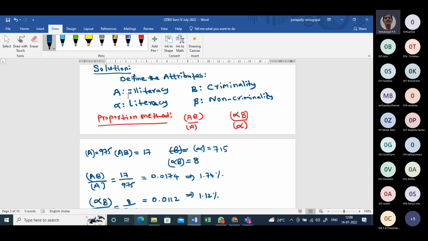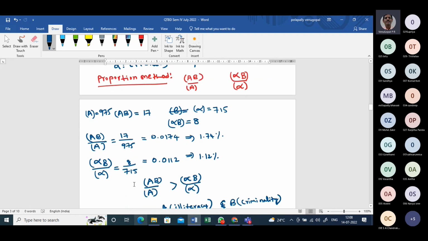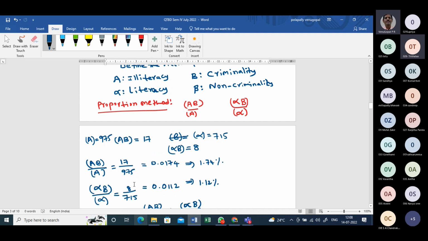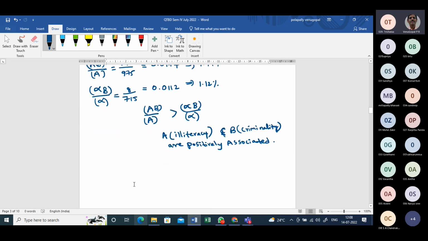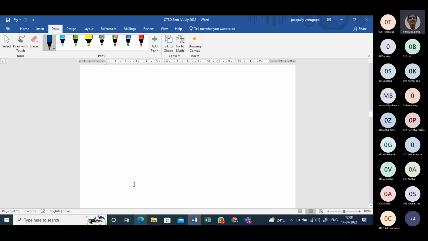Otherwise, different formulas will be shown on the paper. Let's go with the uniform formula itself. That's fine. So up to this is clear to you, children? Yes, sir. Okay. Then third problem, please.